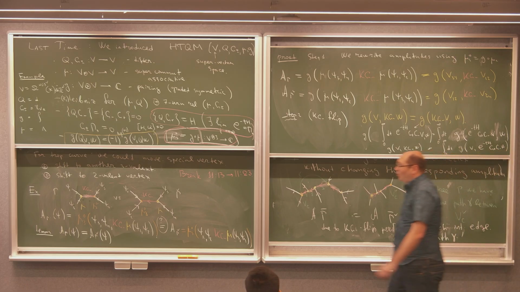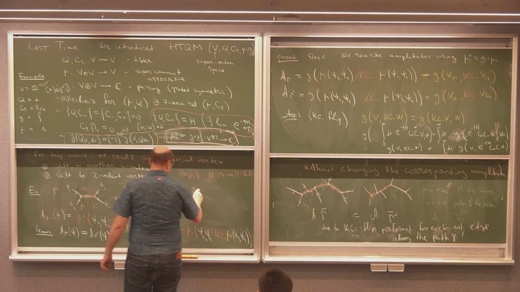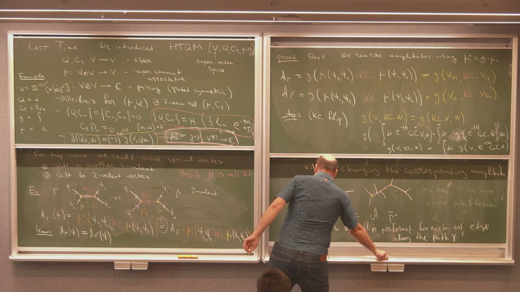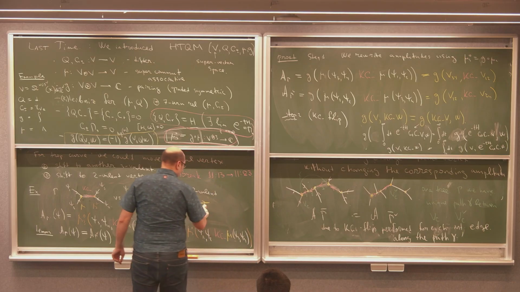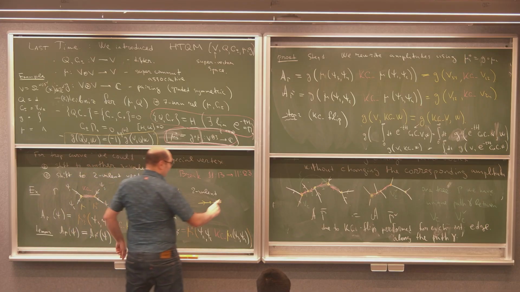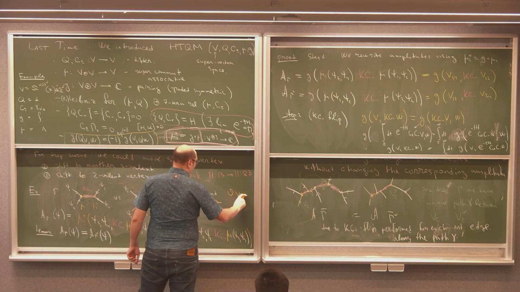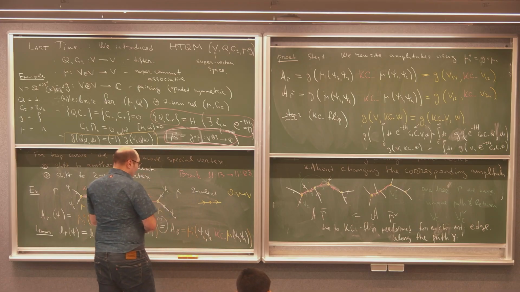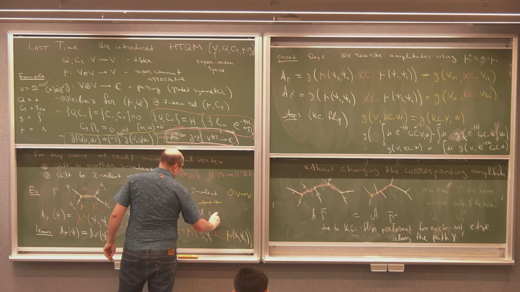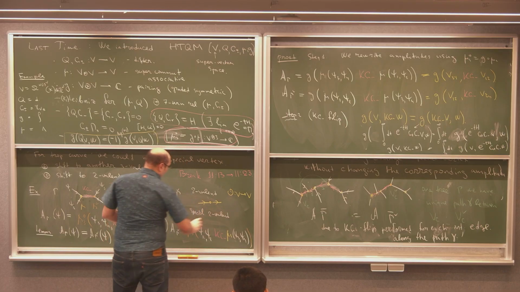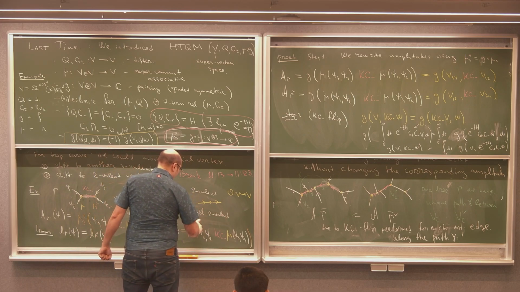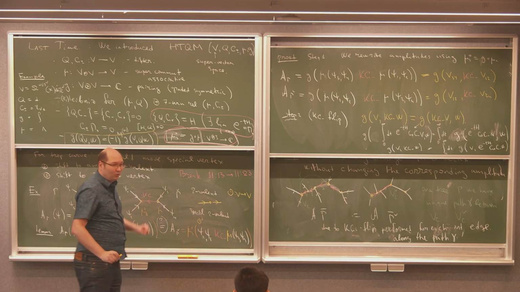So for an ordinary 2-valent vertex, I think we draw it in yellow, we had one incoming state and one outgoing state. And that was the corresponding operator from V2. So we can introduce a special 2-valent vertex, okay, let me call it O0.